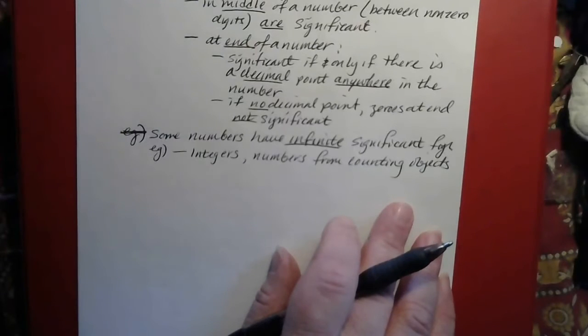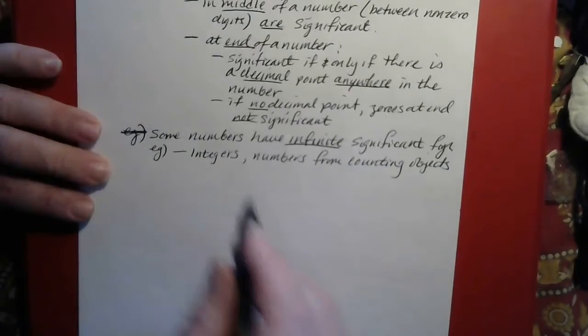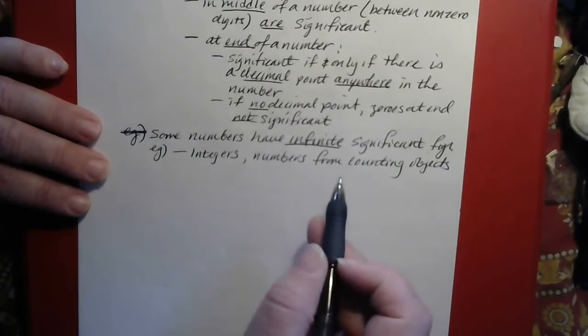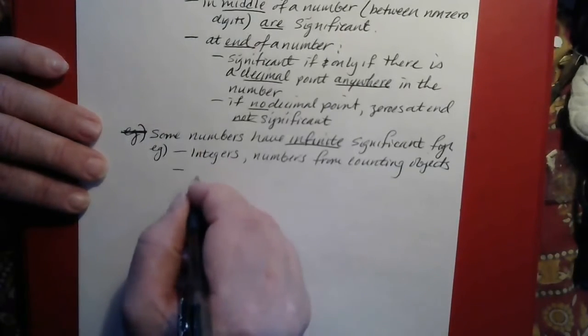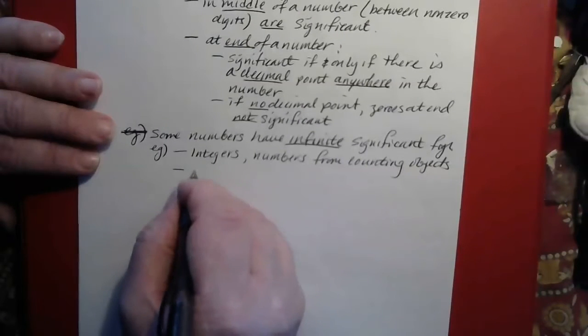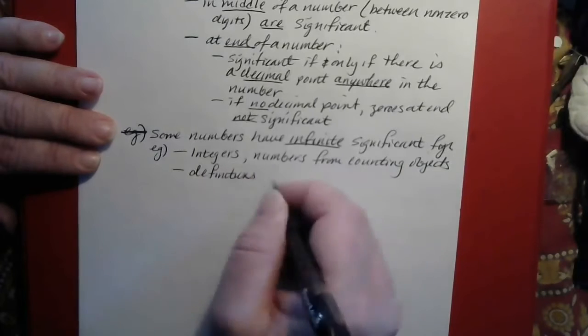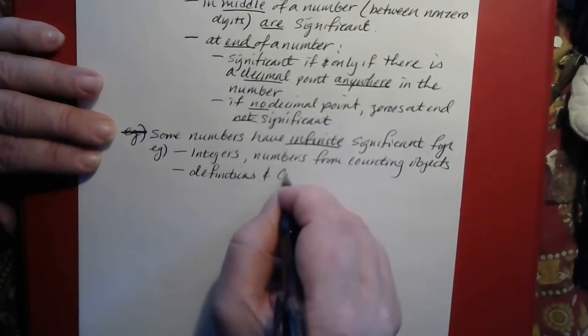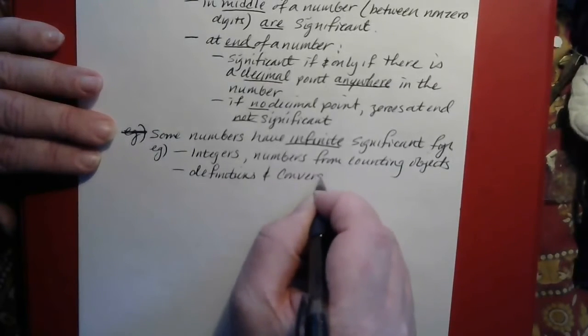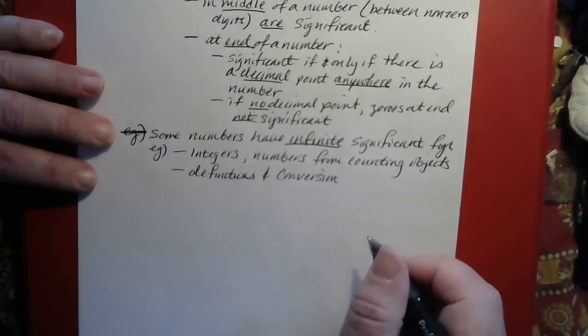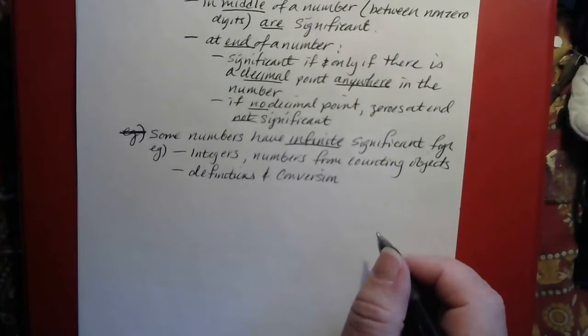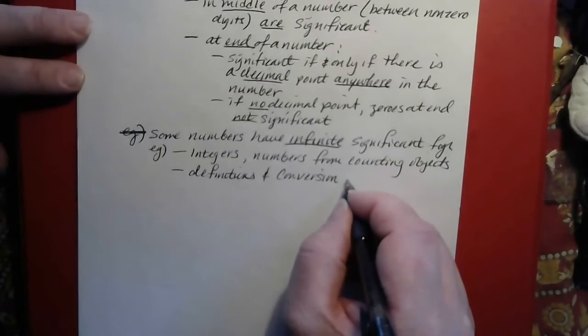If you say you've got a dozen donuts, that's 12.0000 on to infinity. So integers, counting numbers, definitions, and also conversion factors within the English or metric systems.